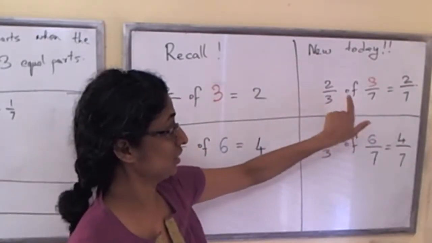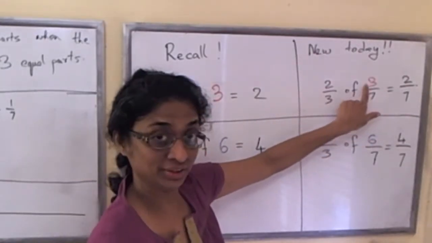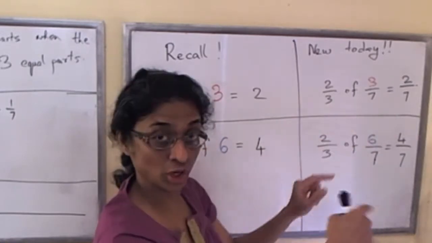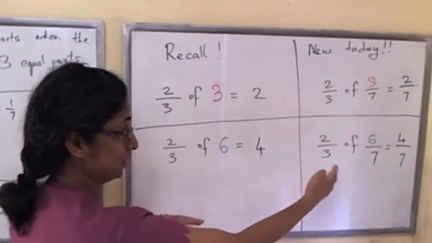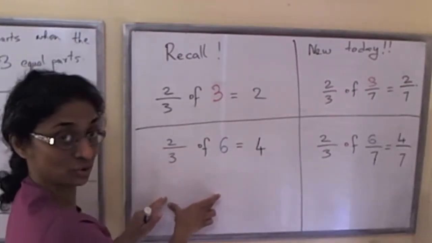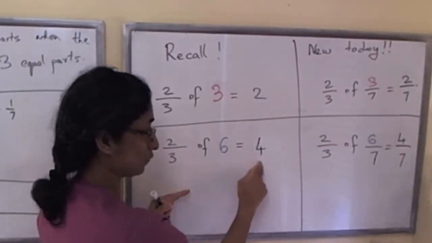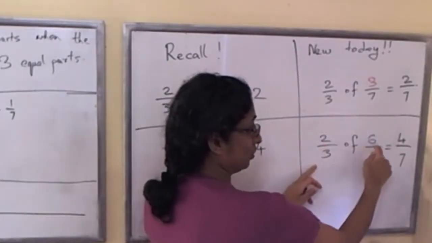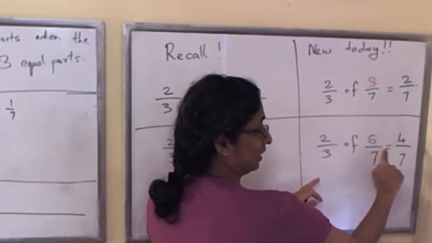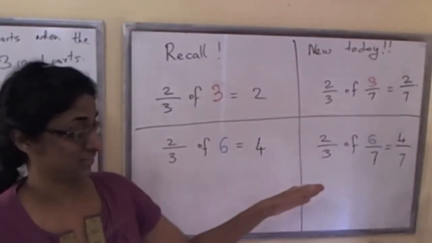Here we are essentially doing 2/3 of 3, because remember 3/7 is 3 copies of 1/7th. So that's the connection. And here too, notice how this example is related to this. Once you know 2/3 of 6 is 4, 2/3 of 6/7 has the 4 sitting here. So that's the relationship between these examples.